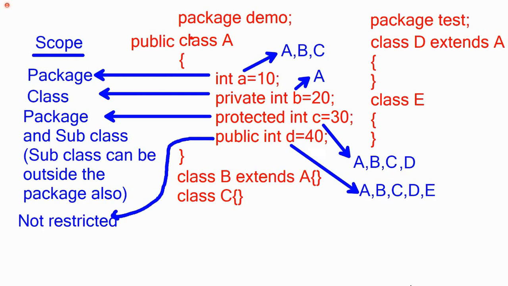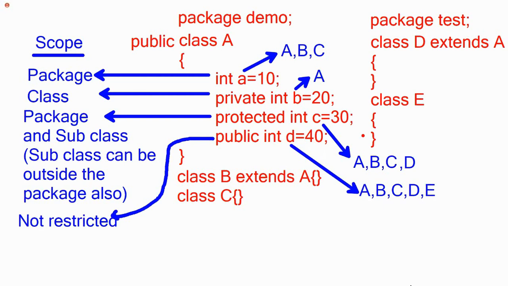Then only is this class accessible here, and then only can you create the object and call with it. But if the class is non-public and the variable is public, it is no use. You cannot create the object in the first place. Without an object, can we access this one? No, you must create an object. For creating the object, the class should also be accessible. That's why A class must be public.